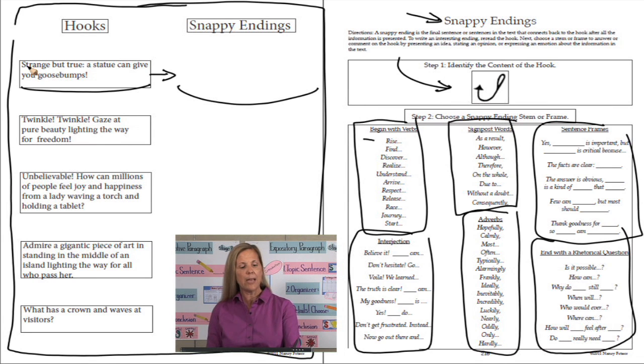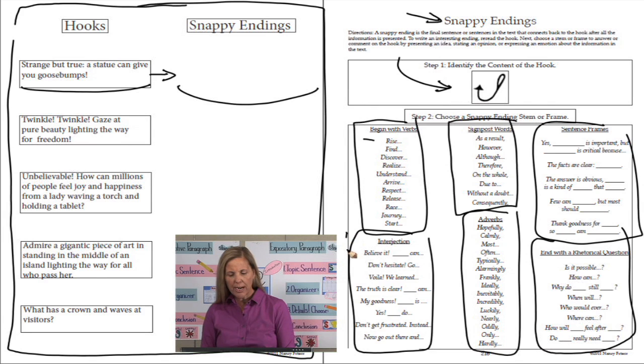The first hook we had was, strange but true, a statue can give you goosebumps. This is all about how the Statue of Liberty gives you that emotional feeling. You feel goosebumps. It could bring you to tears. We want to connect that idea and leave the reader with that information in our snappy ending.